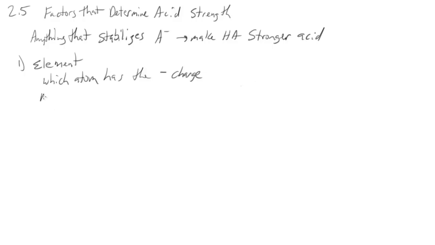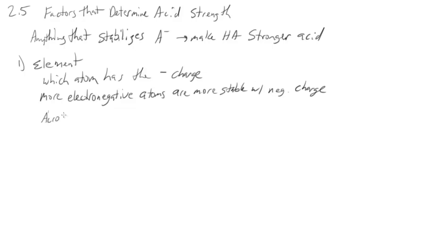More electronegative atoms are more stable with a negative charge. Okay, so that's the first rule. And we'll see how that works in a series of compounds as we go across a period. We'll have another rule that we'll learn in a minute that happens as we go down a group.